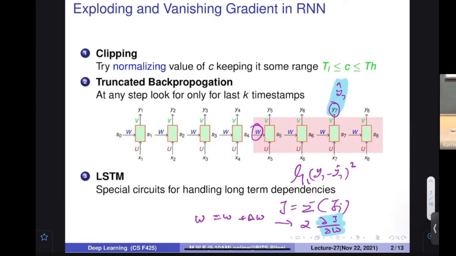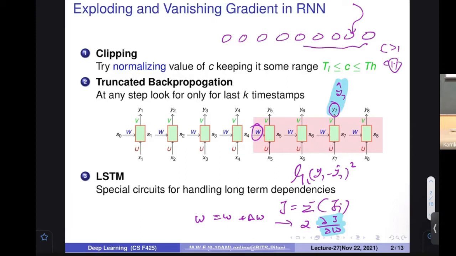So this particular quantity has a lot of multiplication terms, and we have also seen that all these things are upper bounded. If the upper bound C that we talked about last time is greater than 1, maybe even 1.1, then after multiple multiplications it becomes very large.